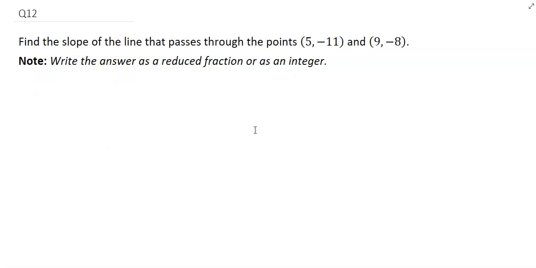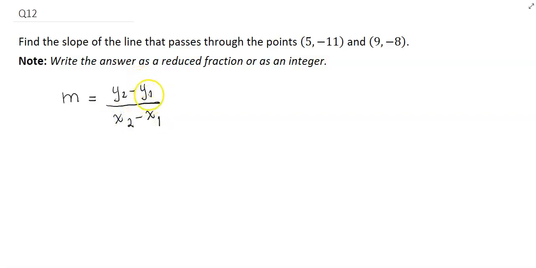Slope of the line that passes through the points. So I'll give you 2 points and they are asking for the slope of a line. The equation that we use for the slope when I give you 2 points of the line is y2 minus y1 over x2 minus x1.